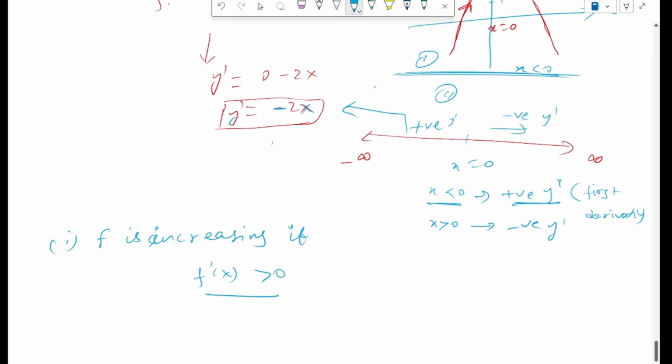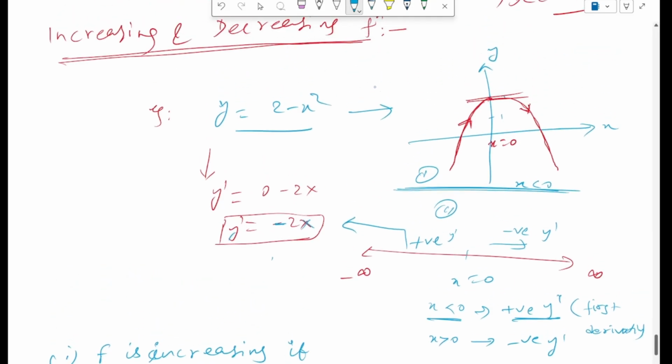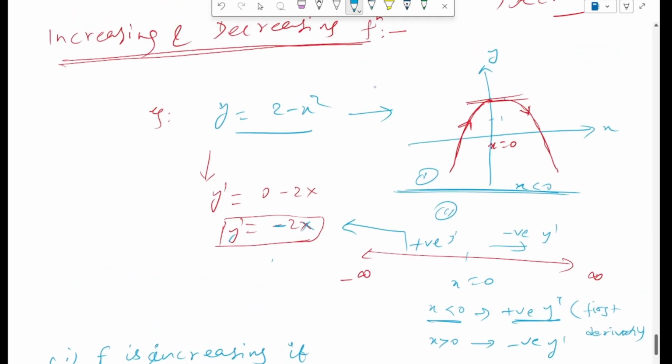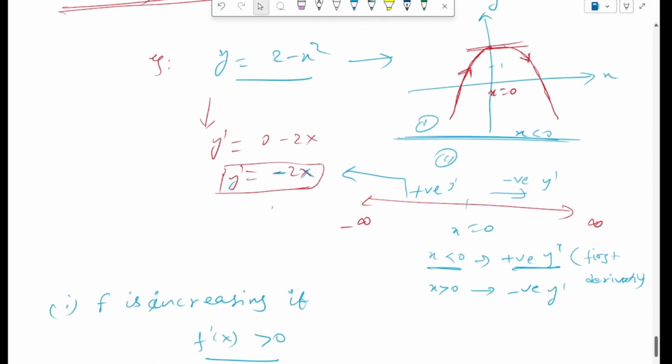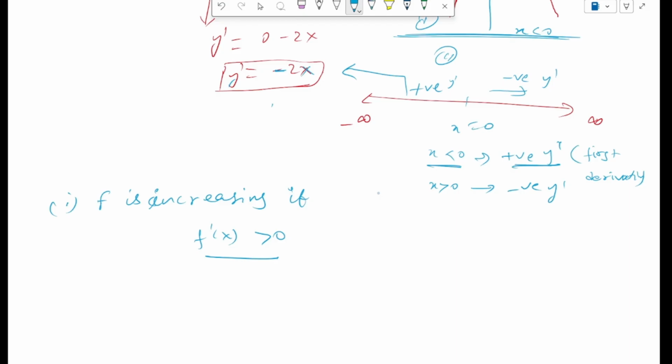I just showed it to you by taking this example using this graph and this number line. So we can say if the first derivative is greater than 0, then the function f(x) is increasing in whatever interval we are talking about.